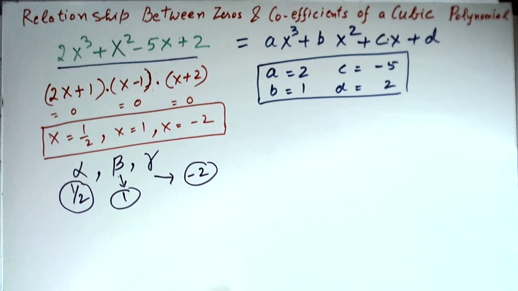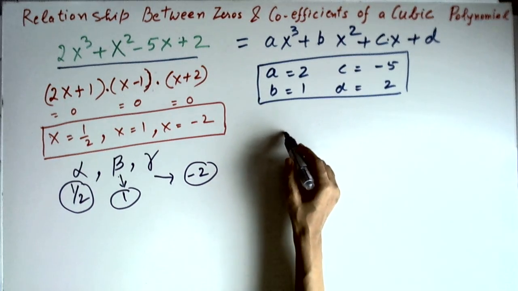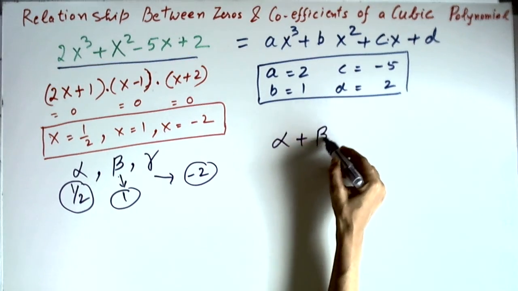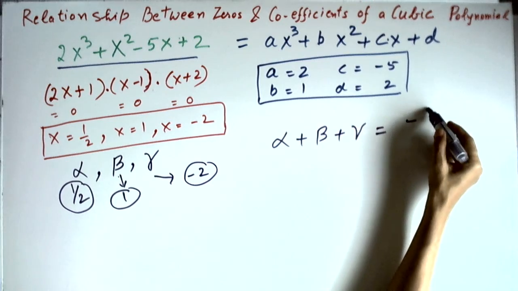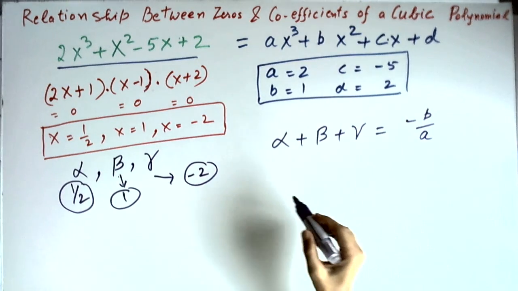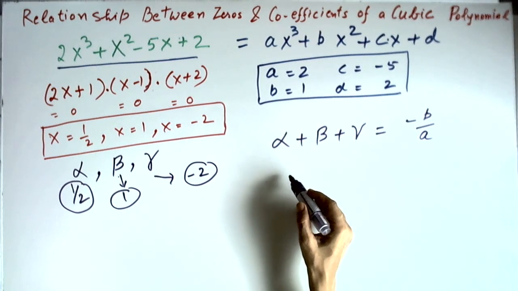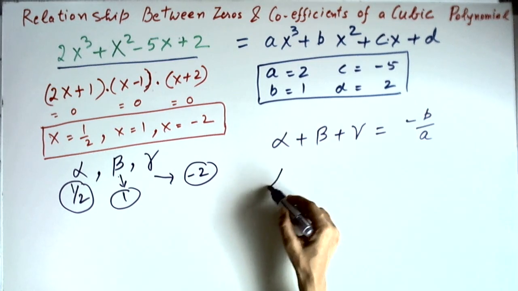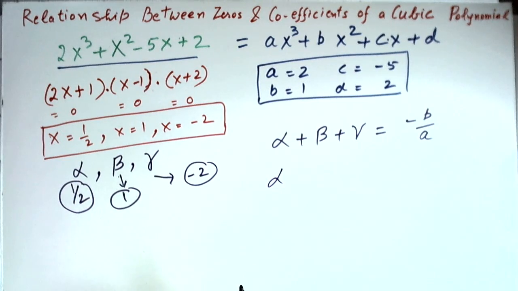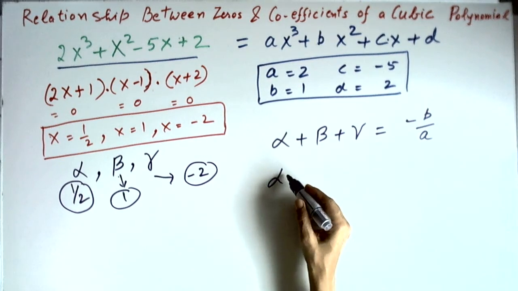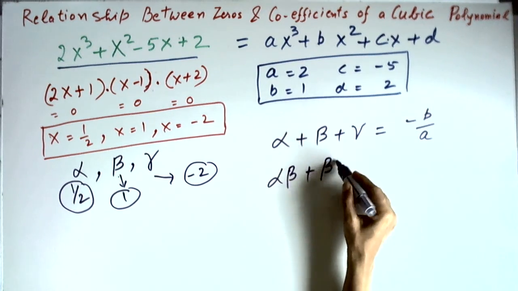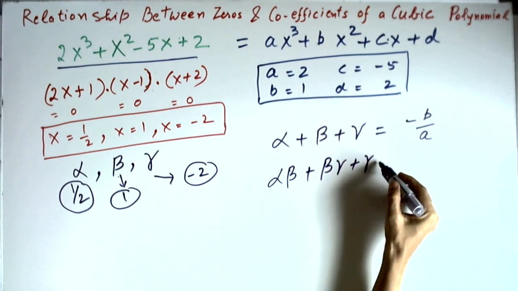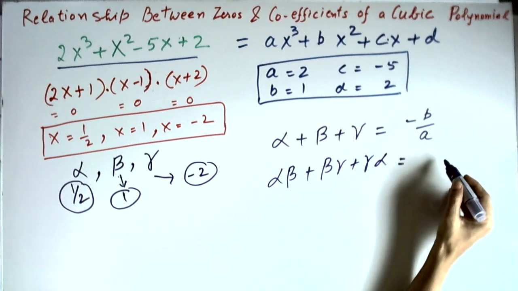Now the relationship between zeros and coefficients is that the sum of zeros, alpha plus beta plus gamma, is equal to minus b over a. Then alpha beta plus beta gamma plus gamma alpha is equal to c over a.